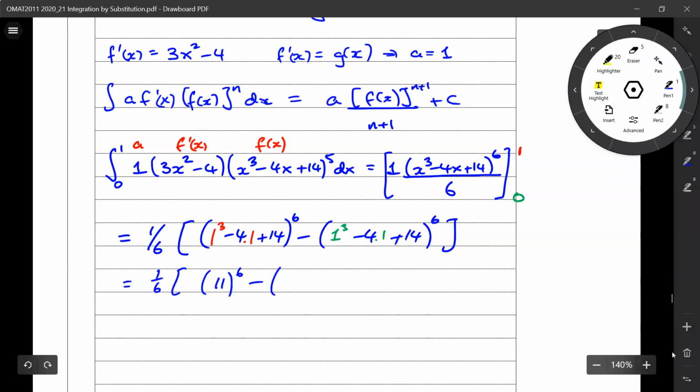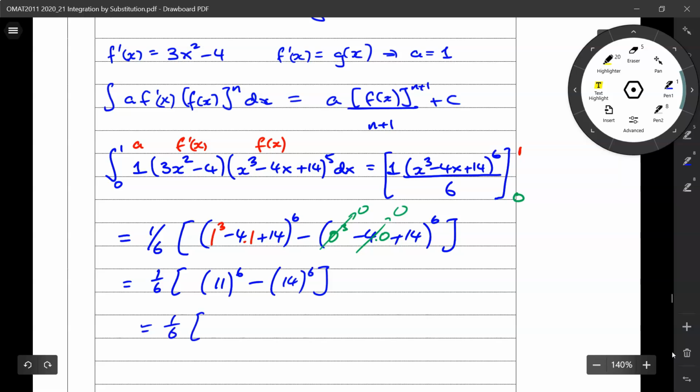Oh, sorry, I made a mistake here. This of course should be 0. So it's 0 cubed minus 4 times 0. So of course that goes to 0, that goes to 0, and we're left with 14 to the power of 6. So you can just evaluate that.